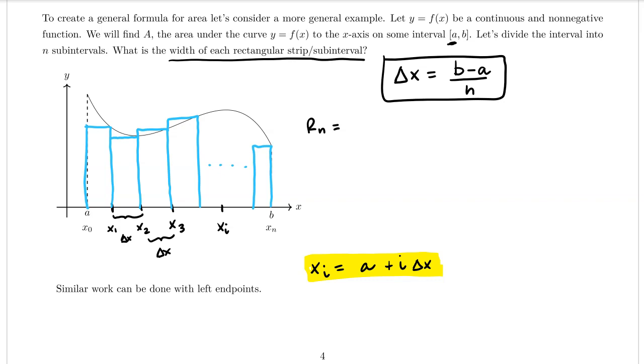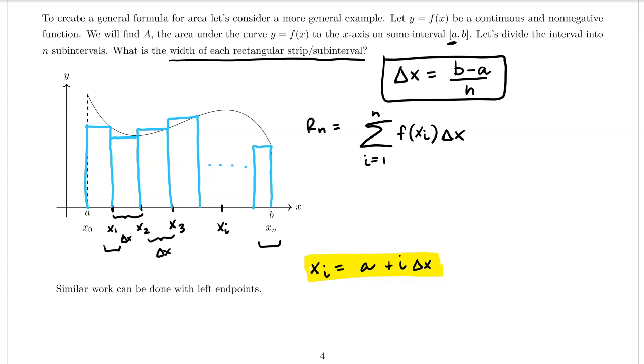So r sub n is going to equal the summation from I equals 1 to n, with I starting at 1 and ending at x sub n, of each of my rectangles has a width of delta x, and then each of them has a height of f of x sub I, like that.